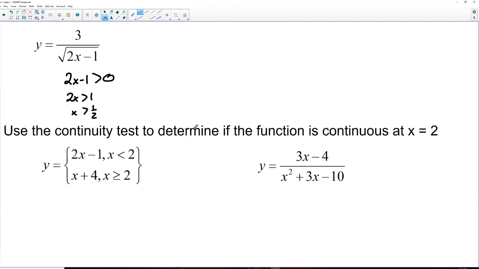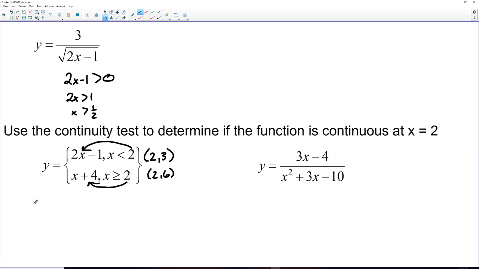Use the continuity test to determine if the function is continuous at x equals 2. So if we plug 2 into here, we get the point 2, and then 4 minus 1 is 3. Then if we plug 2 into here, we get 2, 6. Now, these 2 points are not meeting at the same point.